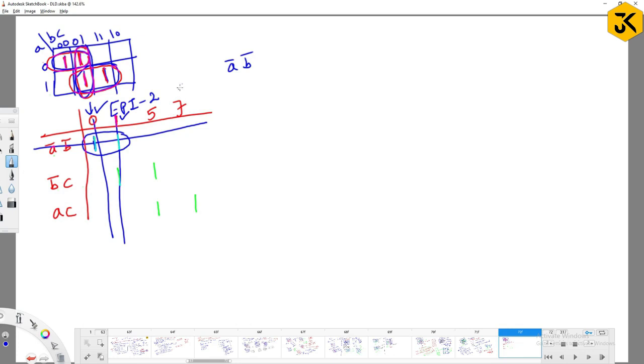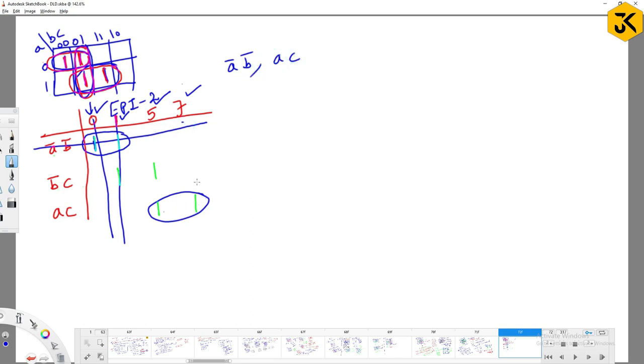Because they are already covered by A bar B bar, right? Now from the remaining, find the column which has a single mark. So I have got 7. If I include 7, I compulsorily have to include its corresponding one, which is also 5. So 5 7, and the next term is AC.